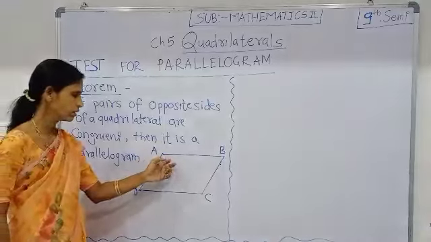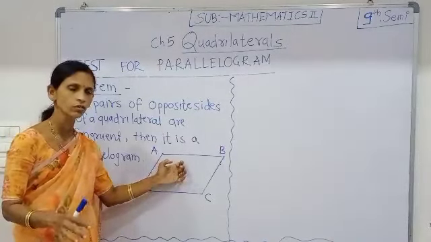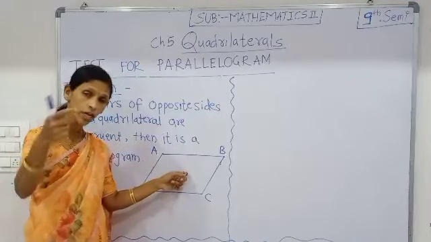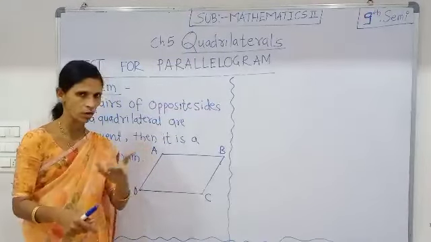That means the quadrilateral which is given, we don't know whether it is a parallelogram or not. We have to prove that it is a parallelogram.